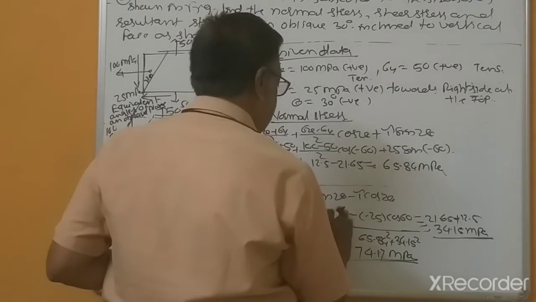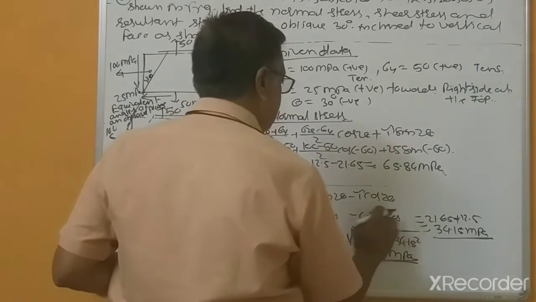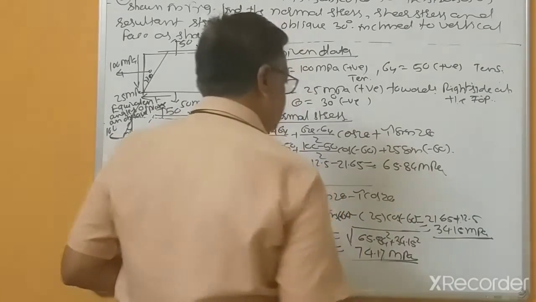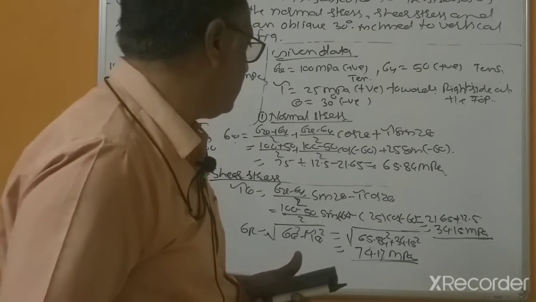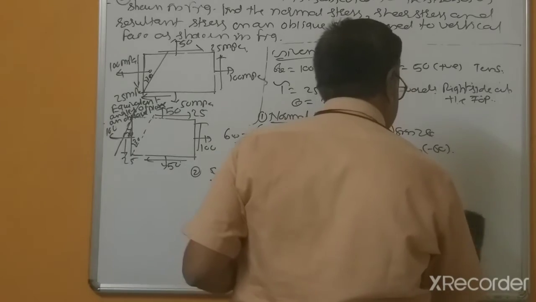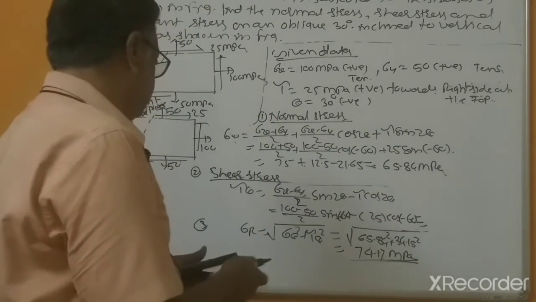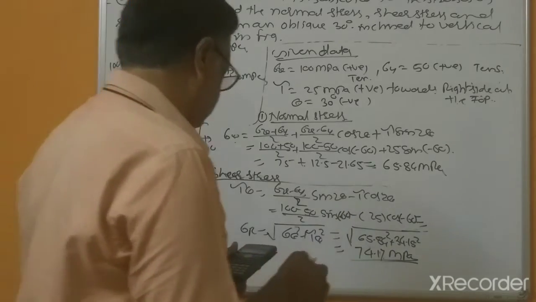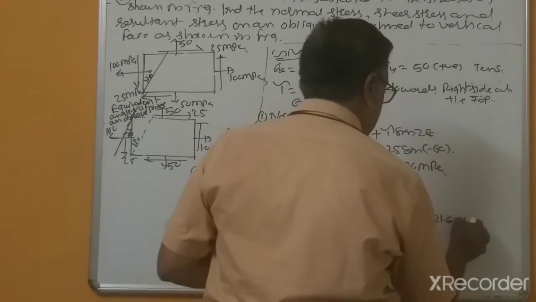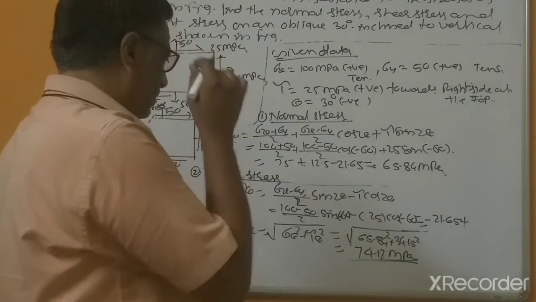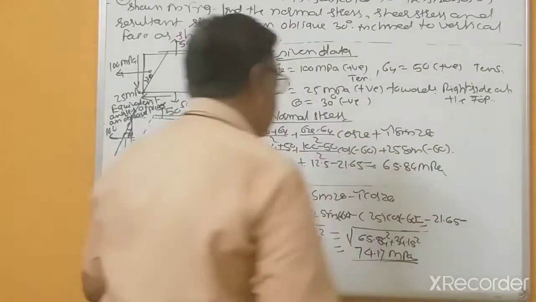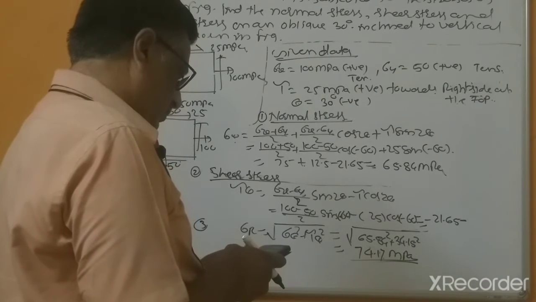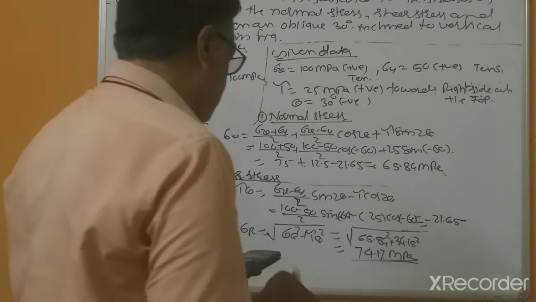Now again, minus 60, minus 60. So that's why minus 21.65 plus 9, minus 12.5.